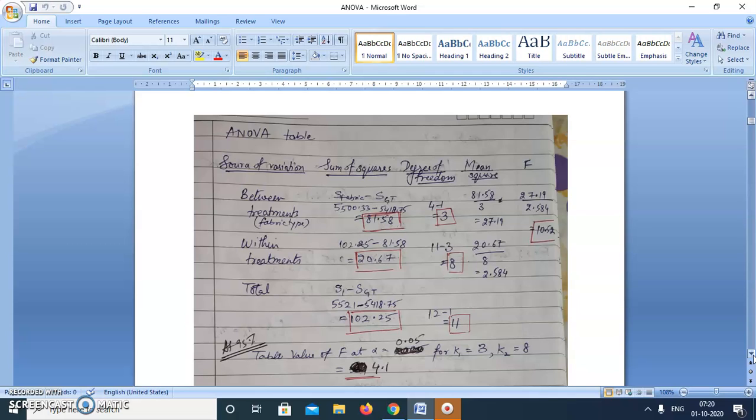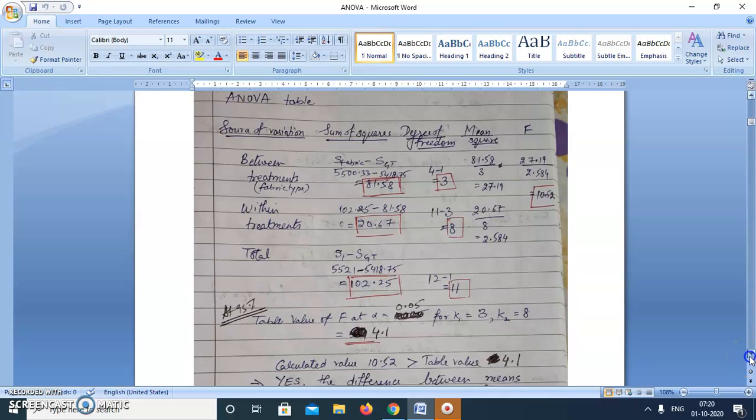So that is the basic concept. We compare the variation between the fabric types to the variation within the fabric type, and get the information whether all the 4 datasets are coming from different populations, or from the same population. So we get the answer in the form of yes or no at a given confidence level.